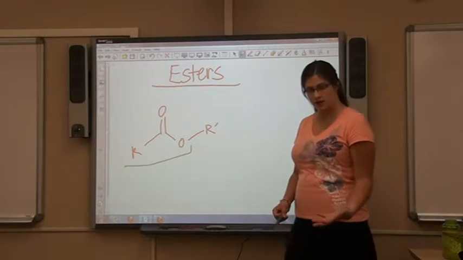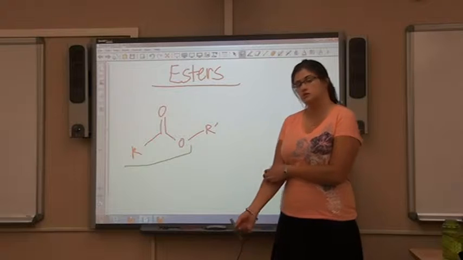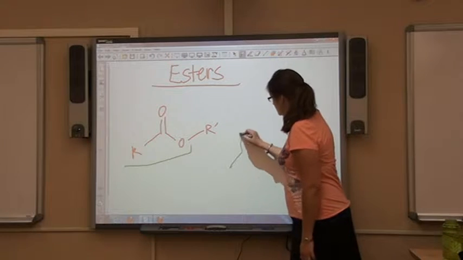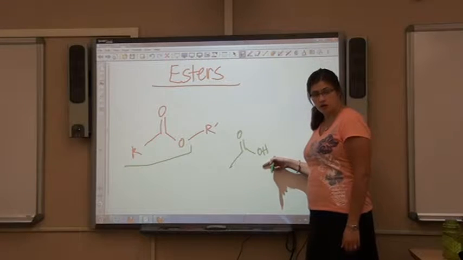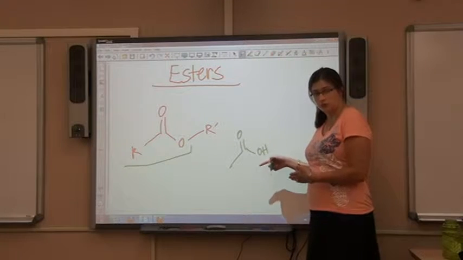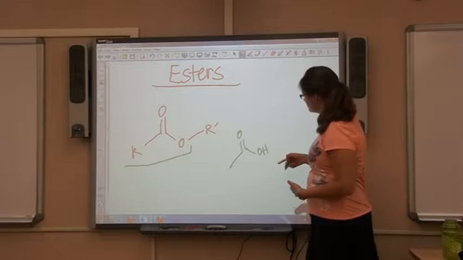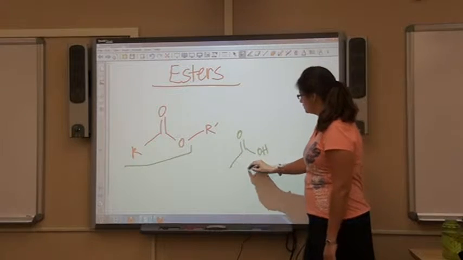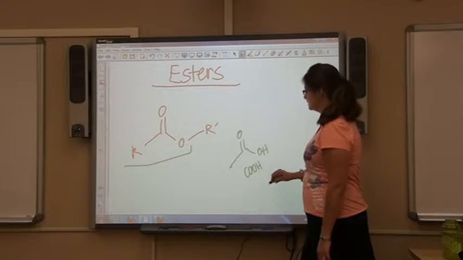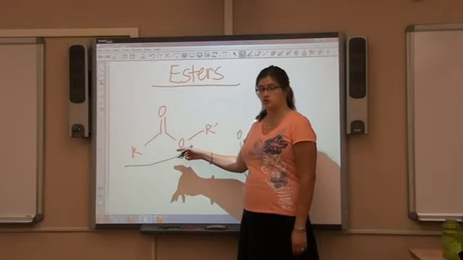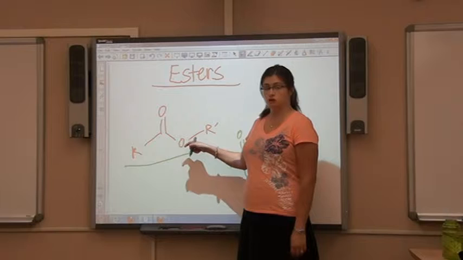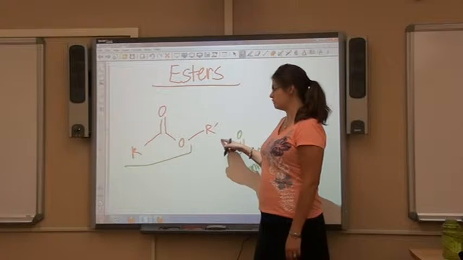So here we have almost the carboxylic acid. Remember that this is what the carboxylic acid looks like, with an H on the oxygen, making it the terminal atom in your compound. Here in an ester, that oxygen's second bond is not a hydrogen, it's a carbon. So you have some sort of carbon chain here.